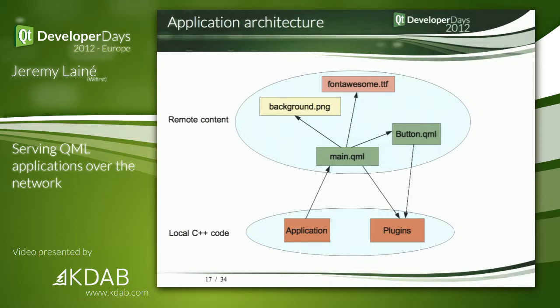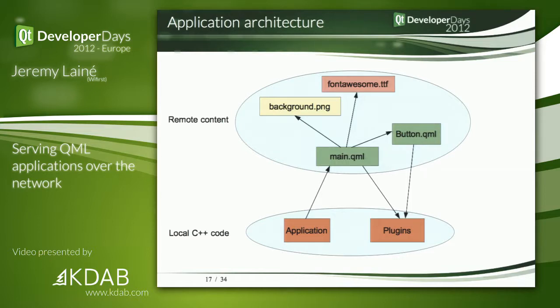The bottom circle on this diagram is the native code which is running on your end user's computer, and what's at the top is what's actually being served over the network. So when you start your application, it's going to be loading a QML file, let's say it's called main in this case.